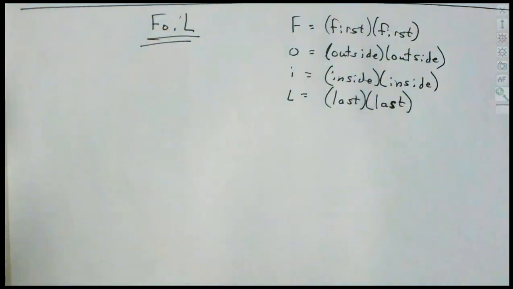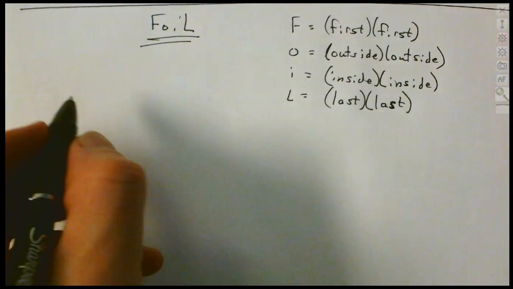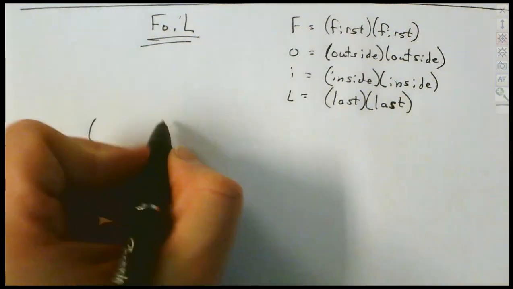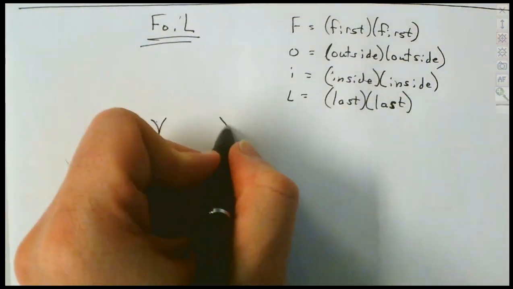Now, FOIL has 4 letters in it. And so that means when we FOIL, you've got to have 4 terms total, 2 by 2. So we're going to go ahead and FOIL this out. We'll start with a simple one here.